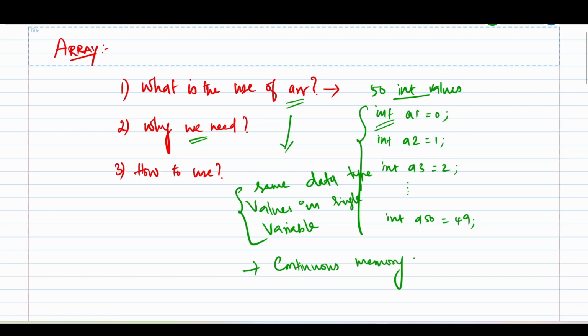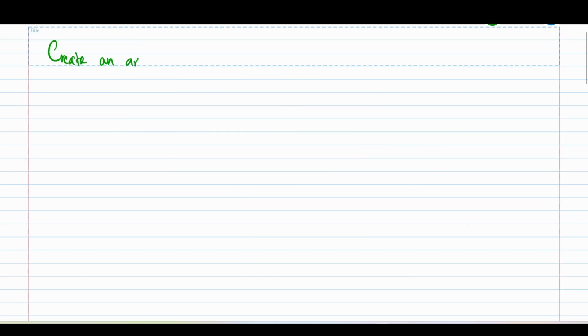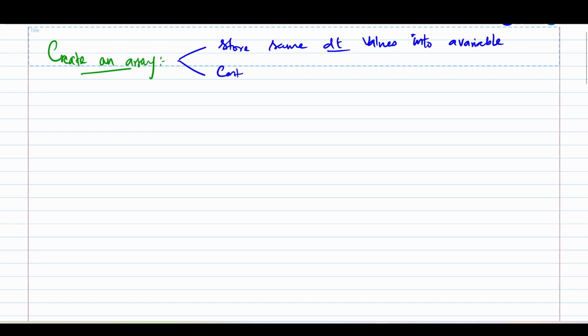How to use or how to create an array, that we will see now. But before that, array will help you to store same data type values into a variable, and it will give you continuous memory.